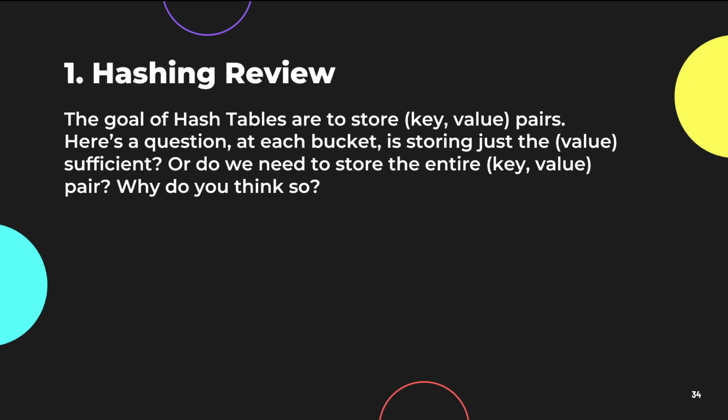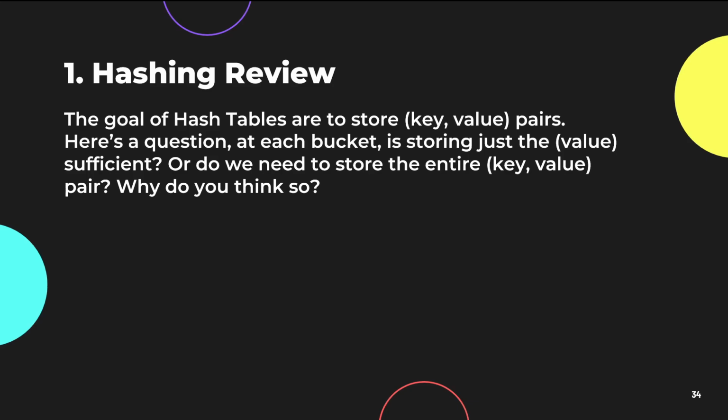Do we need to store the key in the hash table, or just the value? It's okay already. Okay, who says we need to store the key value pair? The key also. Okay, who says we only need to store the value? 1, 2, okay. Maybe from the value side first. Why value? Why is value sufficient? The key can be kind of like the index, yeah?